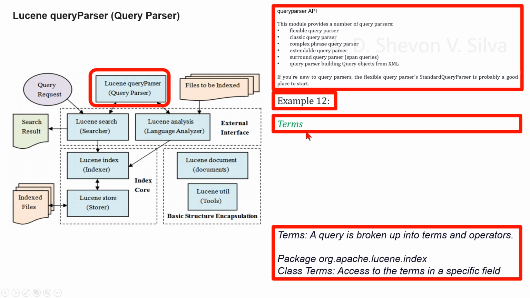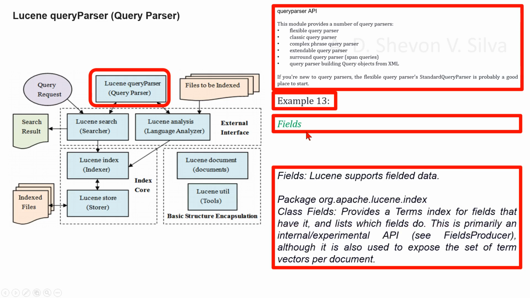Multiple terms can be combined together with Boolean operators to form a more complex query. Note that the analyzer used to create the index will be used on terms and phrases in the query string. So it is important to choose an analyzer that will not interfere with the terms used in the query string.